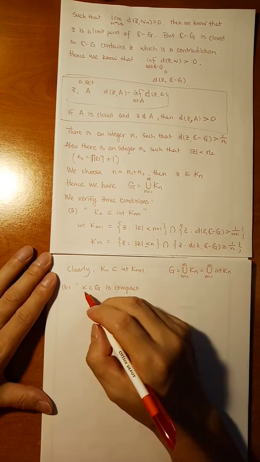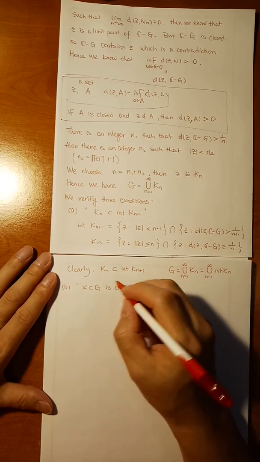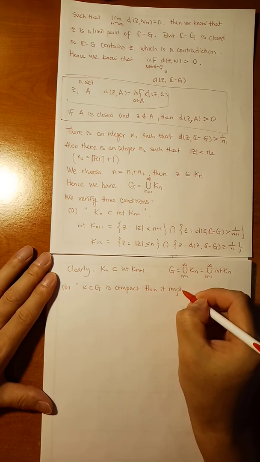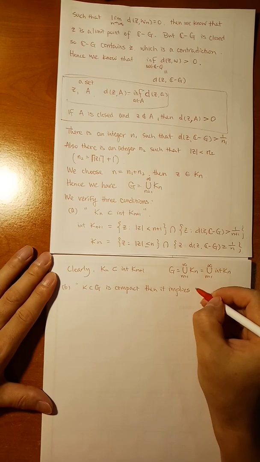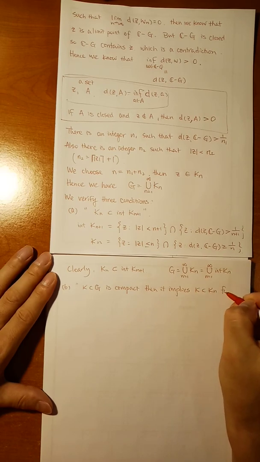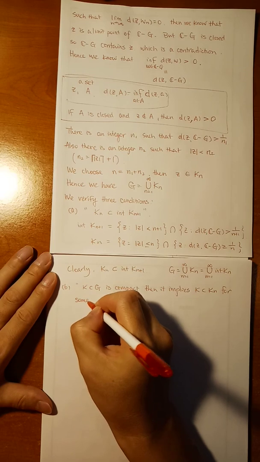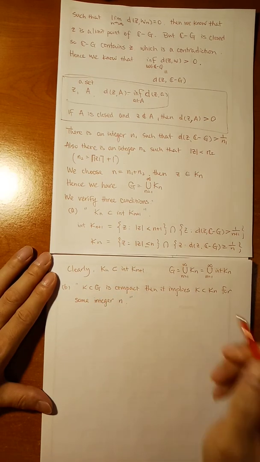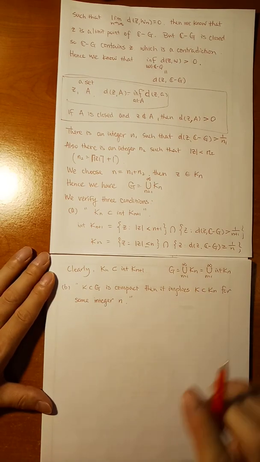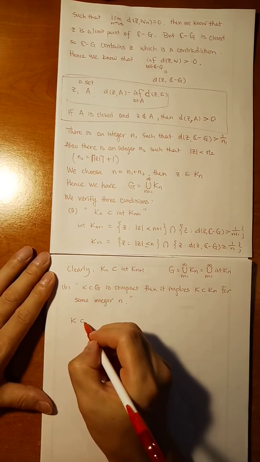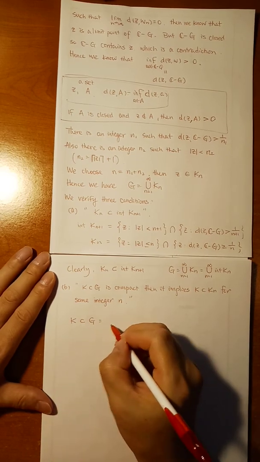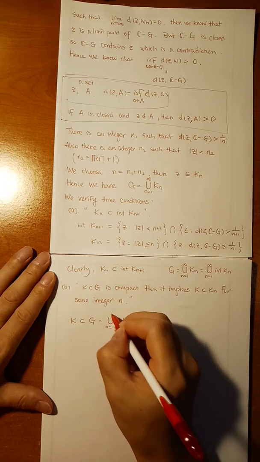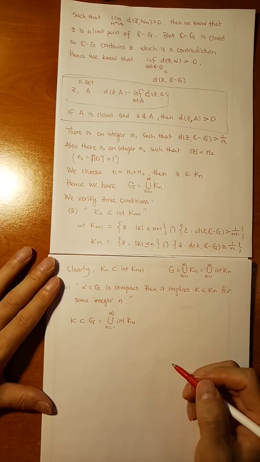A compact subset K of G implies K belongs to Kn for some integer n. Okay, so we're going to show this. Okay, so K is a subset of G, and G is the union of the interior parts of Kn.